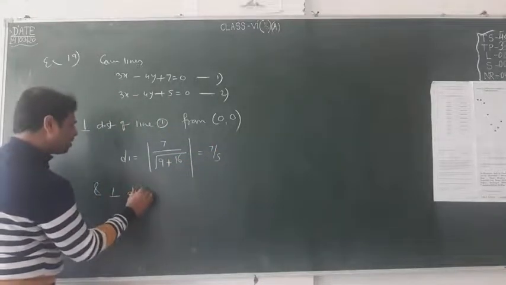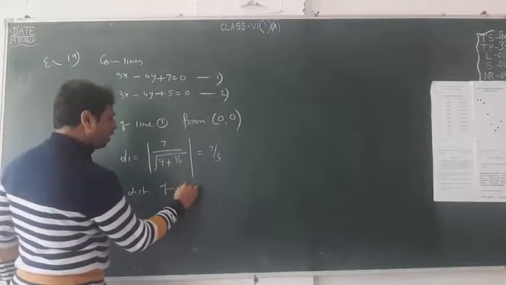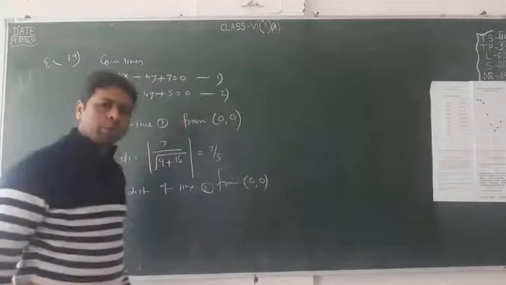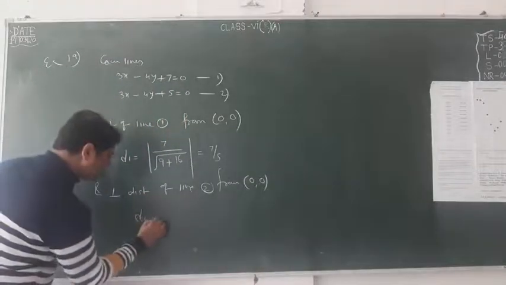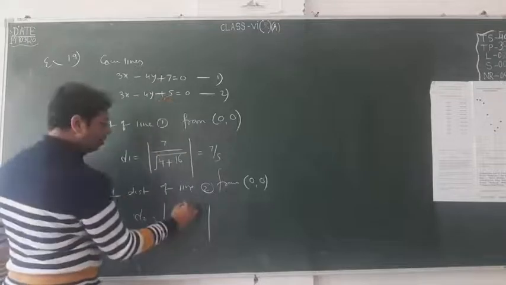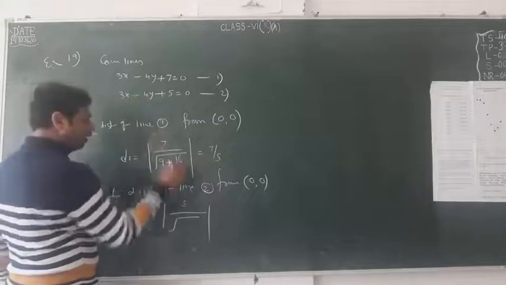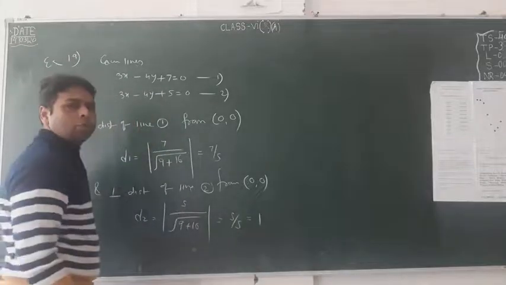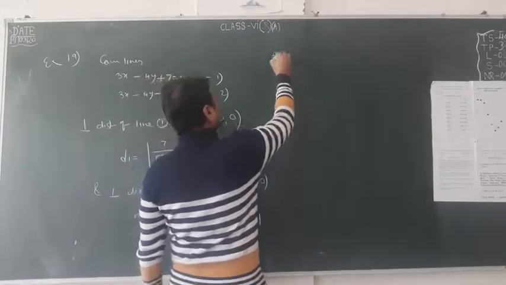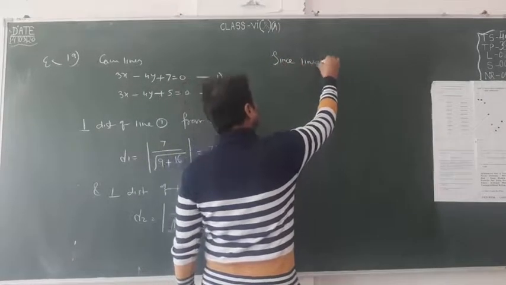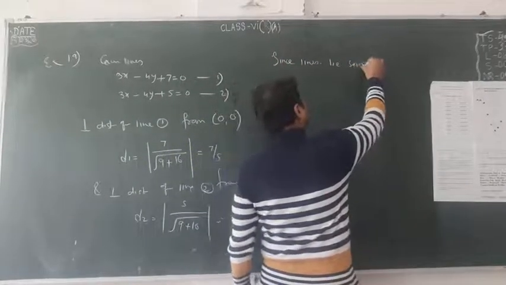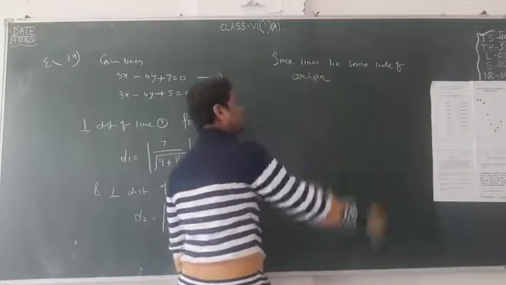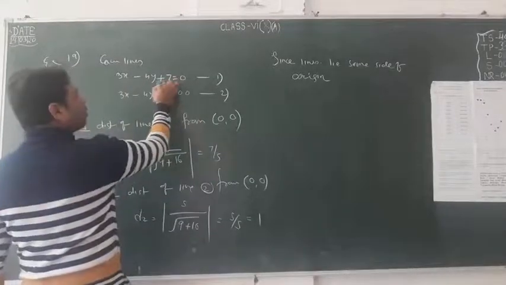And like the same, perpendicular distance of line 2 from the origin point, the answer is d2 is equal to 5 upon the same 9 and 16, meaning 5 by 5, meaning 1. So after getting answers, since both lines lie on the same side of origin, how can we identify that? By looking at the sign of the constant term.